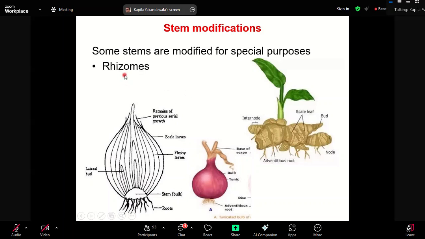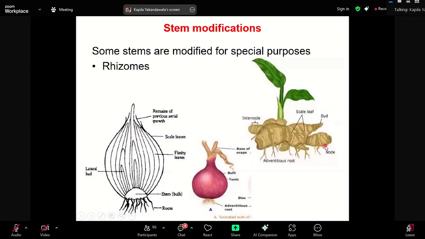As you see, rhizomes, as you can see in curcumin and ginger, the stem is underground. It is brown in color. They don't have any green color.